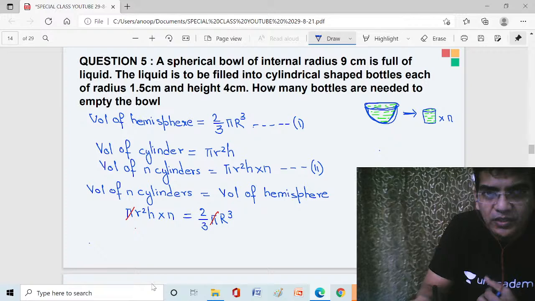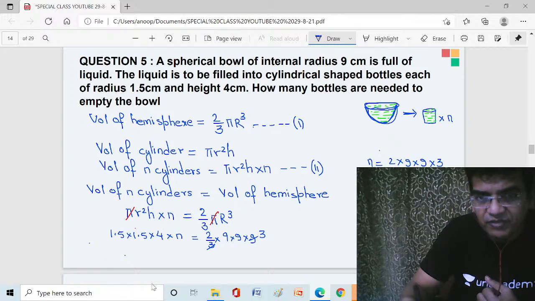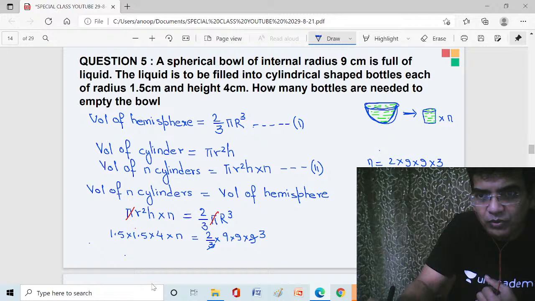Now before cross multiplication, first of all I am going to reduce this by 3. So let's see what will be n here. So n is equal to 2 into 9 into 9 into 3 upon 1.5 into 1.5 into 4.